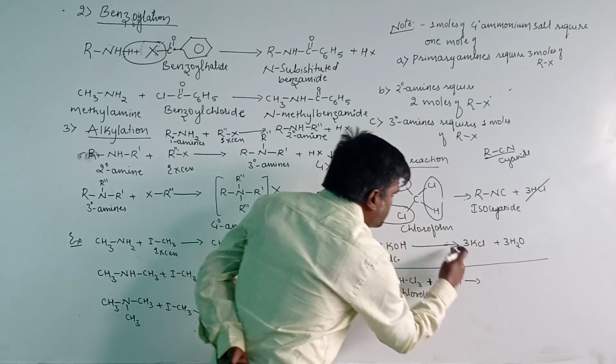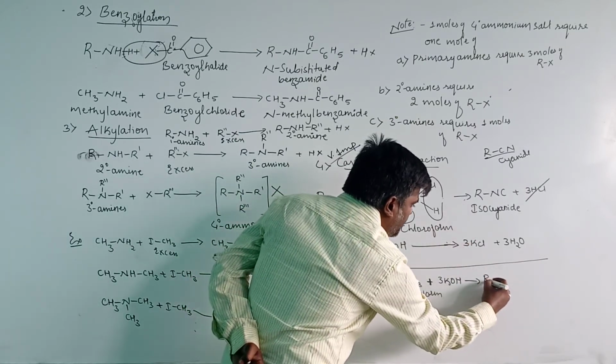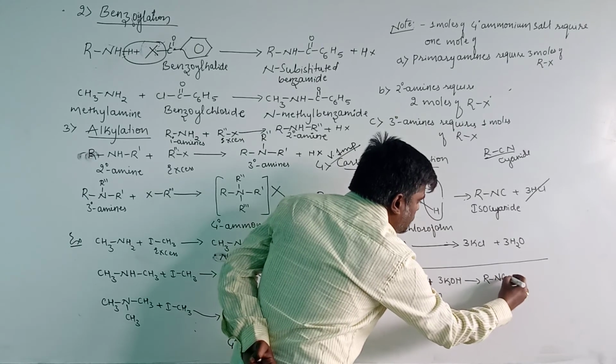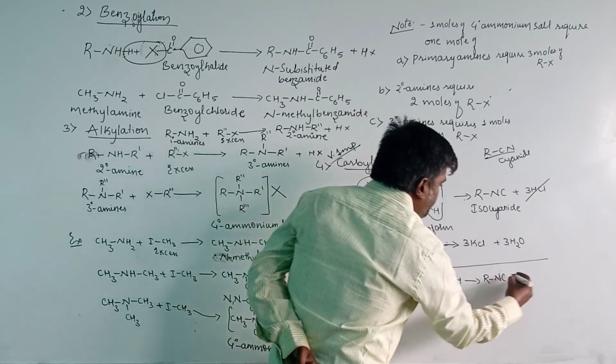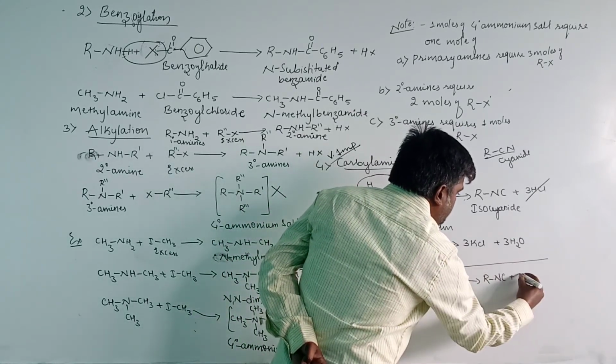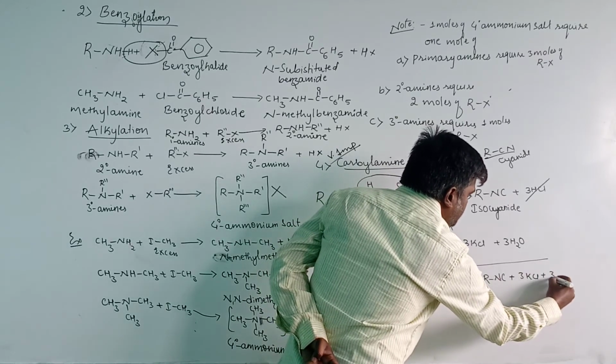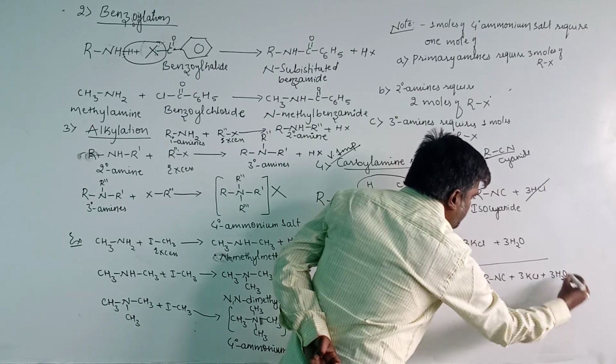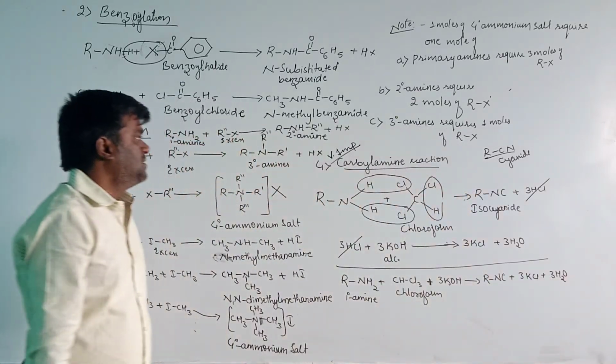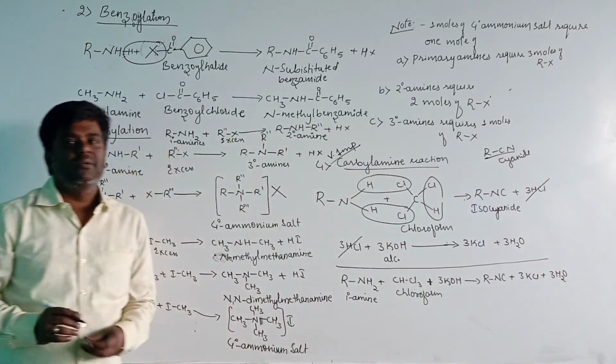Then it will produce R-NC, the carbylamine or isocyanide, plus 3 potassium chloride plus 3 water molecules. This is the general representation of a carbylamine reaction.